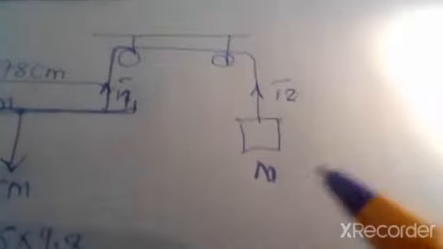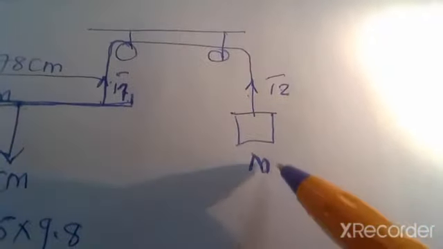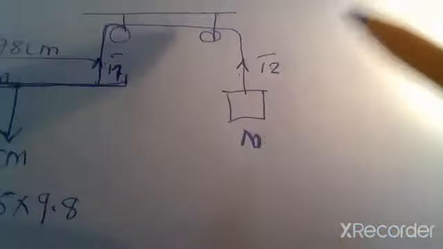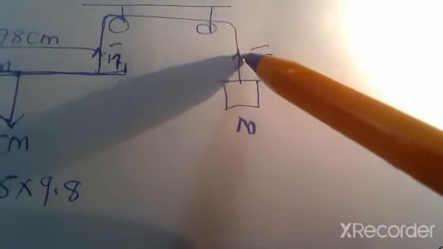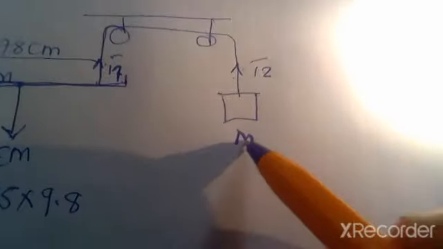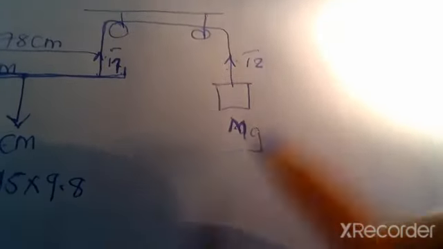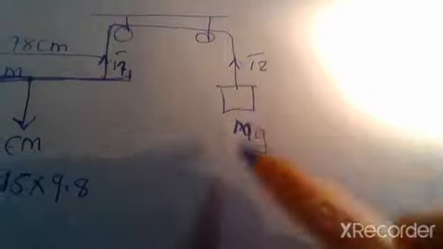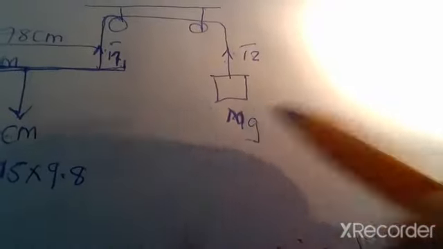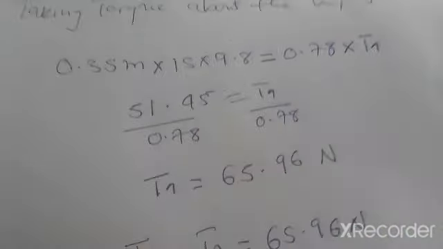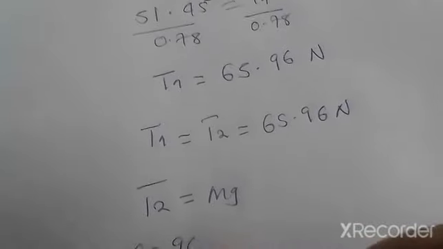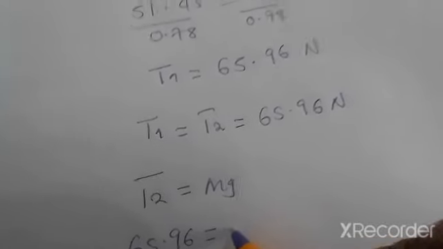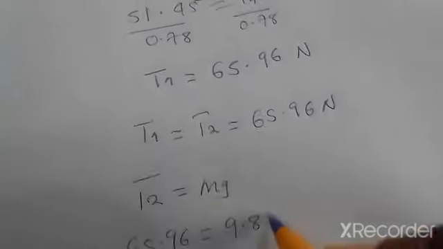Now this part of the system is also in equilibrium, and if it is not moving, T2 is equal to mg, the weight of this block. So we have 65.96 is equal to 9.8 m.